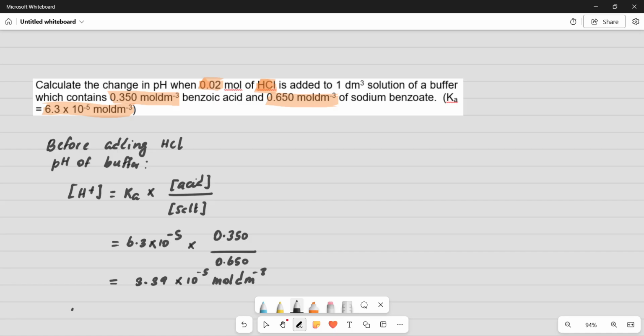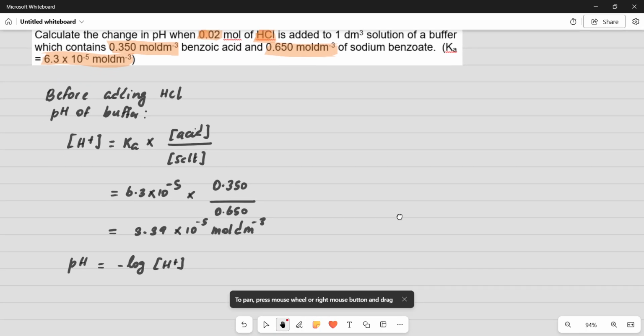So pH is equal to negative logarithm of H plus ion concentration. I substitute this H plus ion concentration, so it is negative log of 3.39 into 10 to the power negative 5.